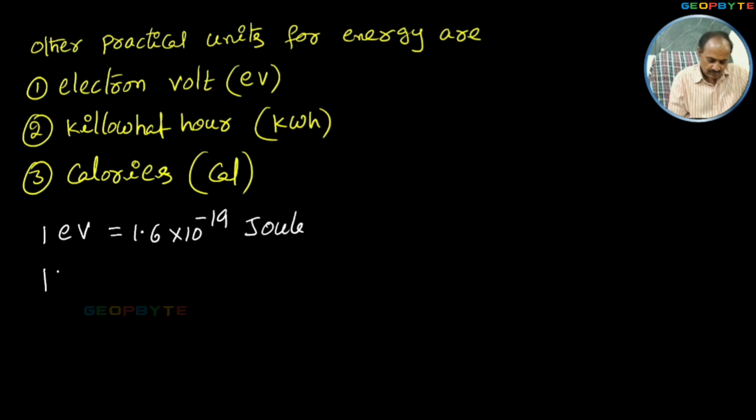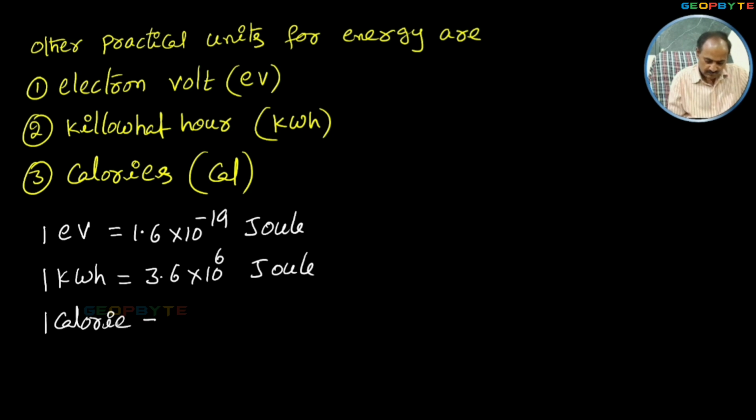One kilowatt hour is equal to 3.6 into 10 power 6 joules. Next, one calorie is equal to 4.18 joules.